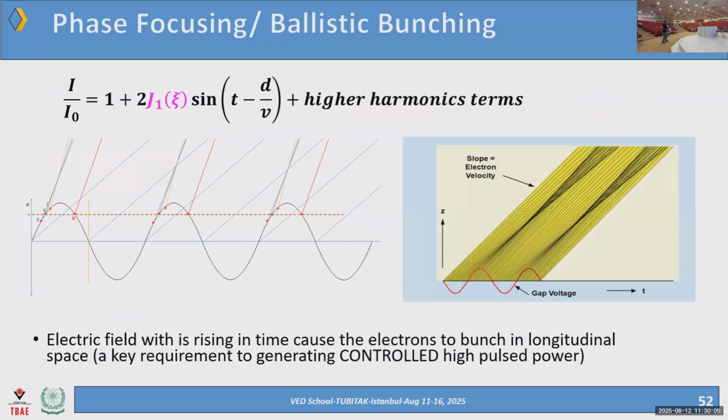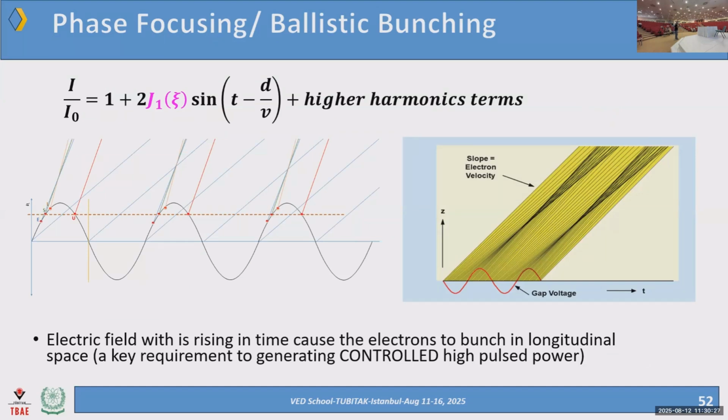Okay, what happens? The bunching. Remember, this morning we had this bunching parameter, the value of which is 1.84. Now comes this point. We have a synchronous particle. The late particles will gain very high energy.